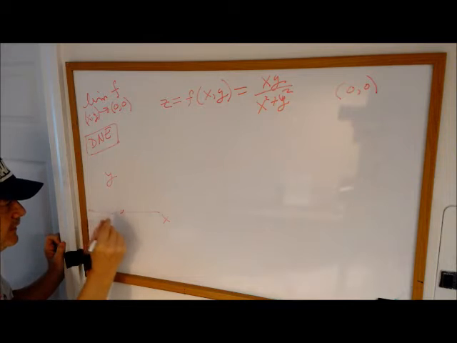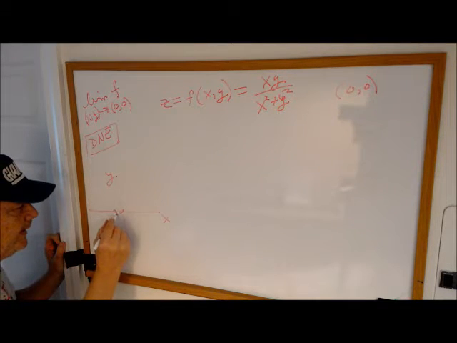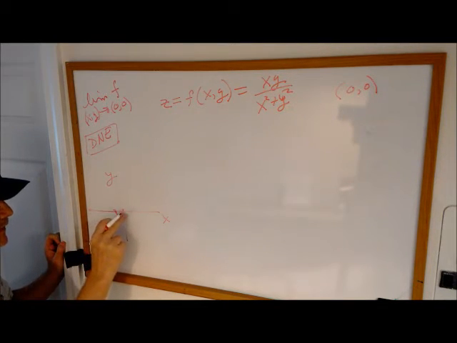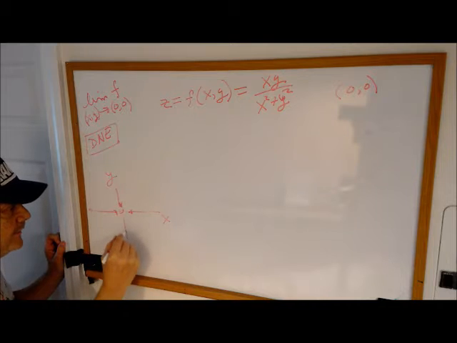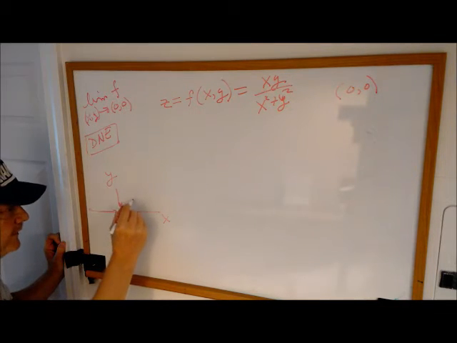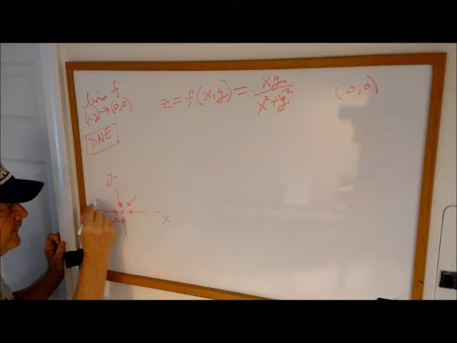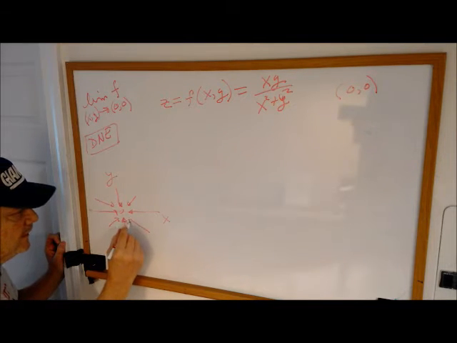What you have to do is look at paths getting closer and closer to the point 0, 0. Say that path and that path and that path and that path, and you've got to look at them all. And how many of them are there? Infinite.